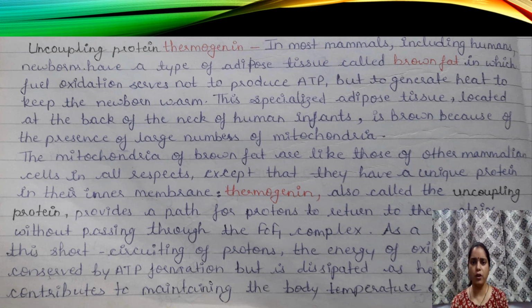And the mitochondria of brown fat are like those of other mammalian cells in all respects, except that they have a unique protein in their inner membrane that is known as thermogenin, and it is also called the uncoupling protein.